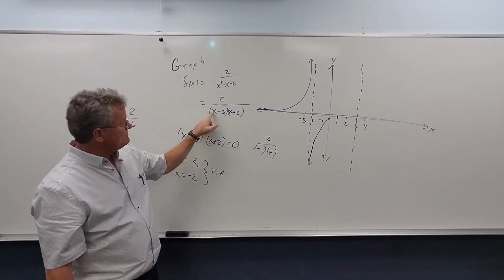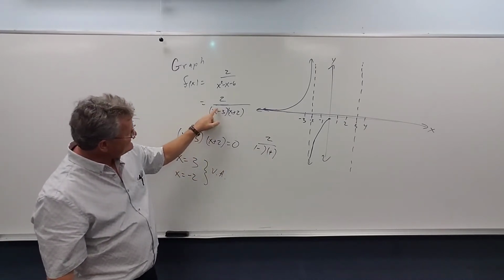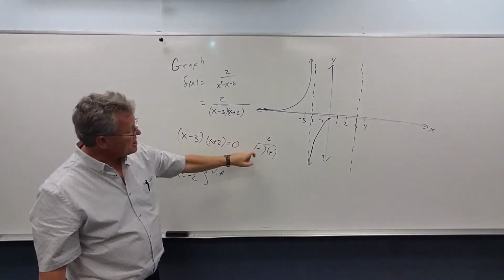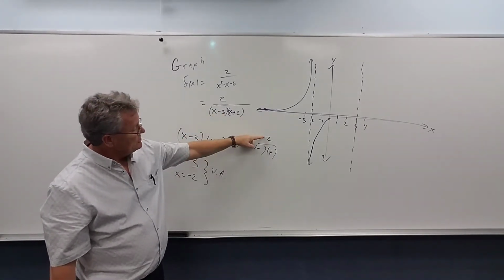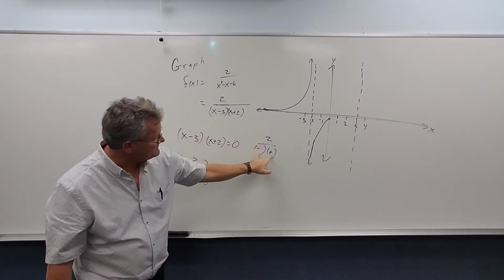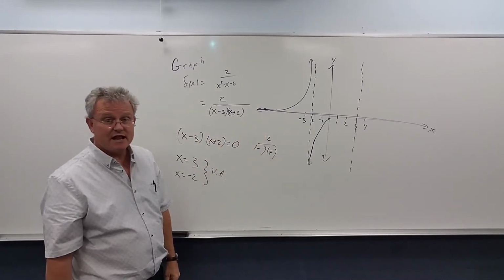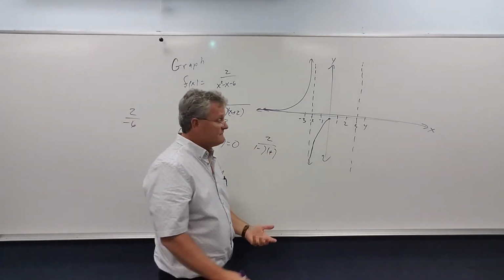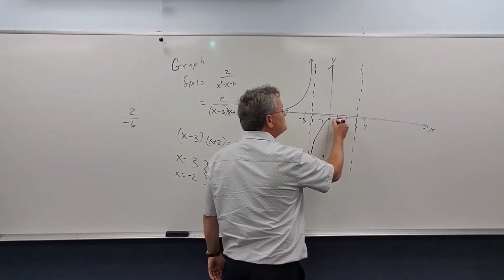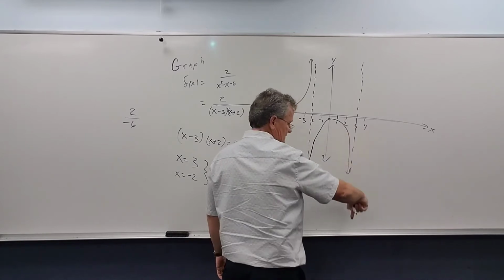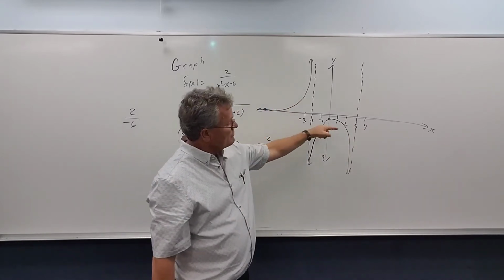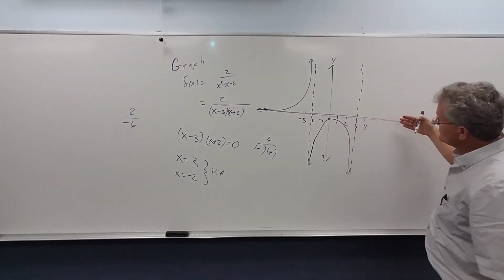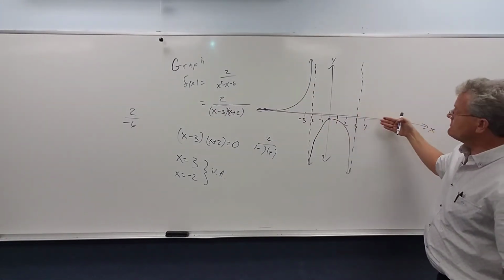Keep in mind 2.9, 2.99, that's getting closer to 0 when I subtract, but it's always negative. Here we get a positive. A negative times a positive is a negative. A positive over a negative is a negative, so that means it's going to go to negative infinity when we approach this way.